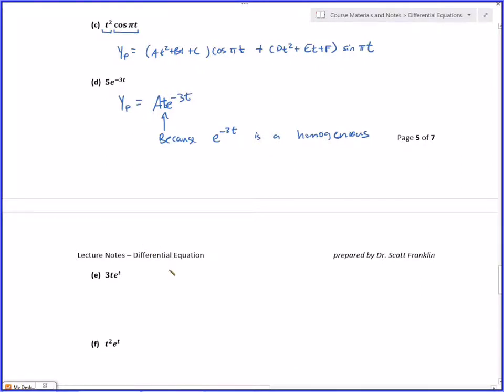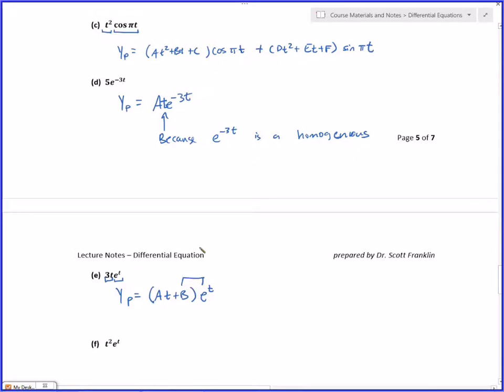At. Okay, so this is a polynomial times an exponential. Oh, wouldn't it be At^2? So let's write down first what our guess would be, and then let's look for parts of the homogeneous solution. I would normally do (At + B) e^t, right? Homogeneous is e^t. But a constant times e^t is part of the homogeneous solution.